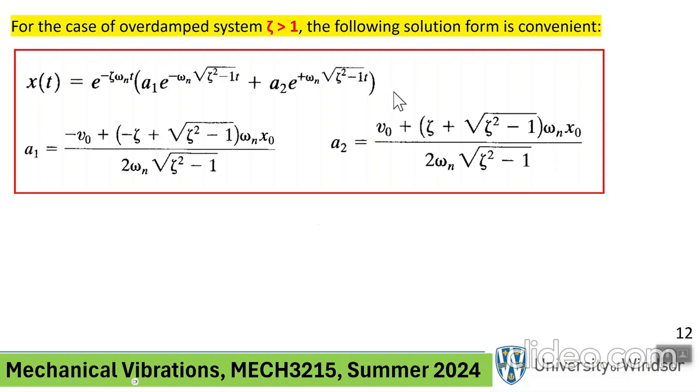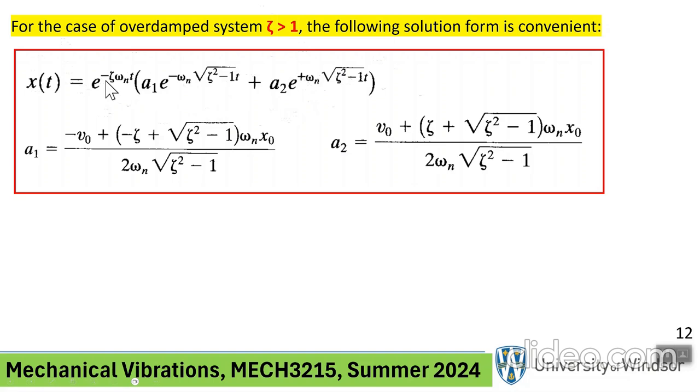Now, if it's an overdamped system, there is no sine or cosine. There is no sinusoidal motion. So take it for granted that the solution to the mother-of-all equation, if zeta is bigger than 1, is right here. It has two exponential terms. There is no sine or cosine here. One of them is out here as a factor, and the other ones are inside of this bracket, right there.